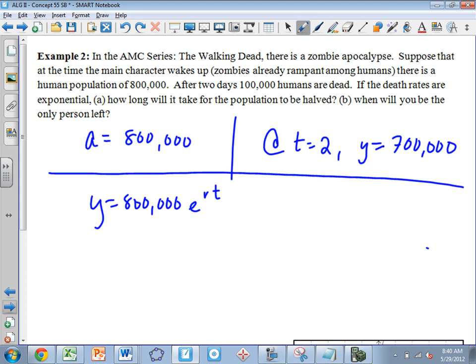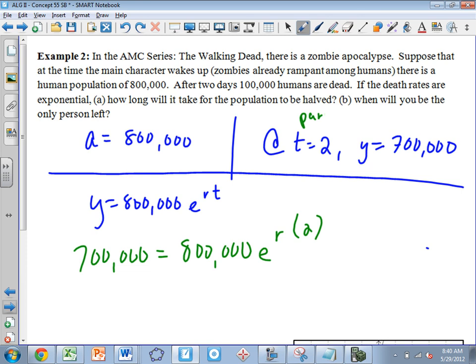Yes, so let's do that. Let's write it. 700,000 equals 800,000 e to the r times 2. Again, all I've done is take what is called a particular condition. If you want to write this down, it's going to be used in calc. Think about what condition means.